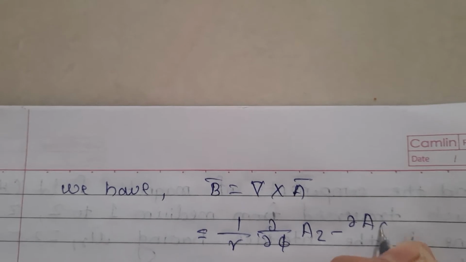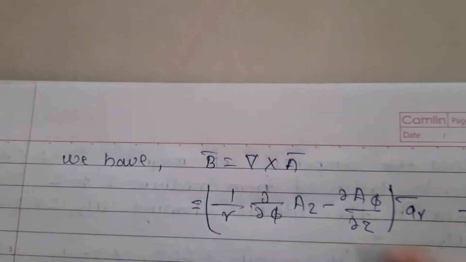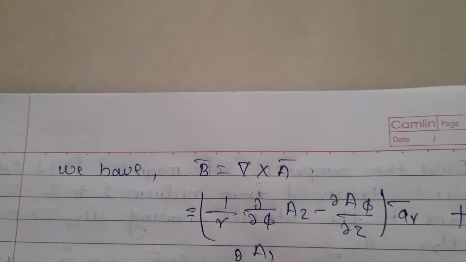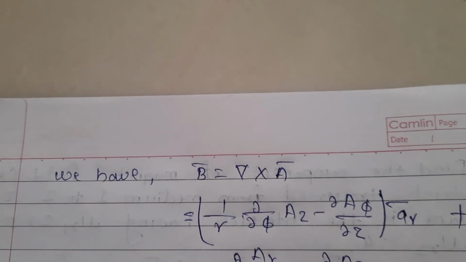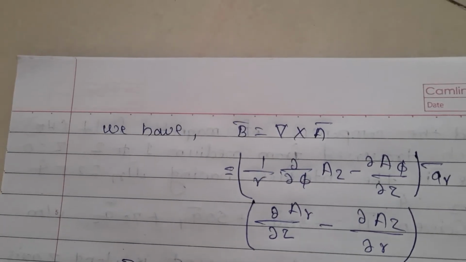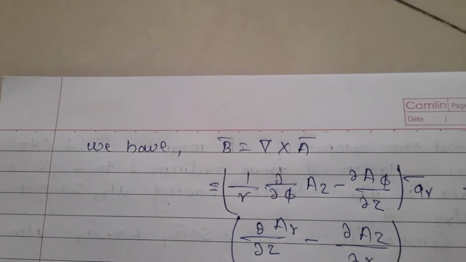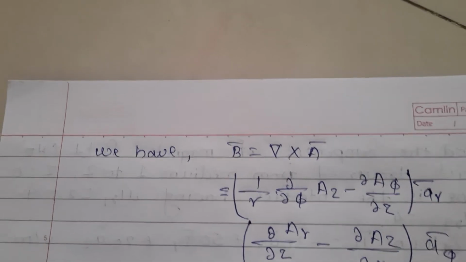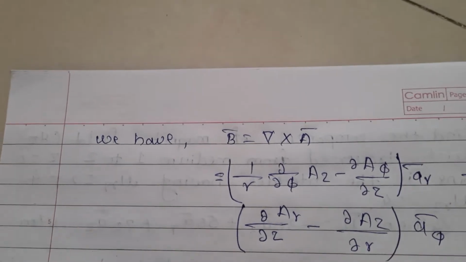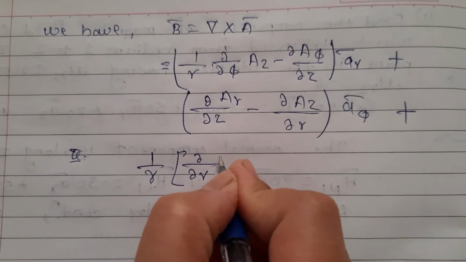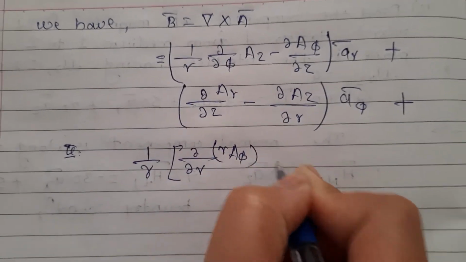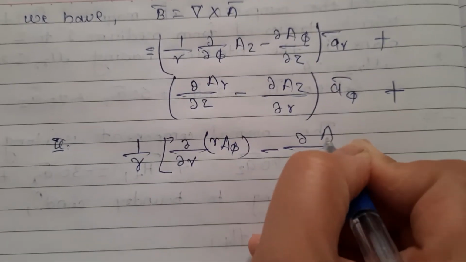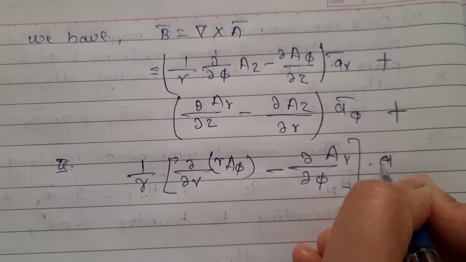So it is (1 by R dAZ by d phi minus dA phi by dZ) aR bar plus (dAR by dZ minus dAZ by dR) a phi bar plus 1 by R (d by dR of R A phi minus dAR by d phi) aZ bar.